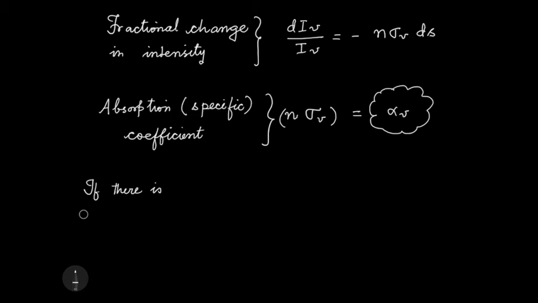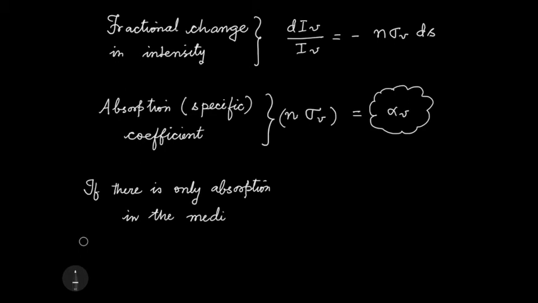So I get a differential equation. So if there is only absorption in the medium, and when I say only absorption, I also include spontaneous emission inside it, because they are almost the same process.